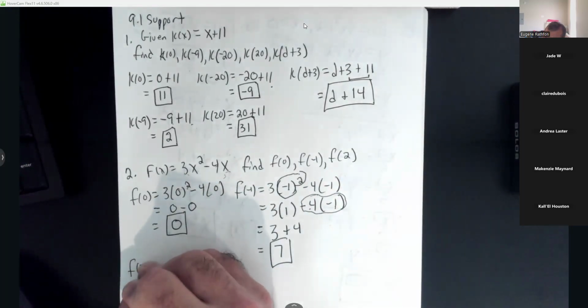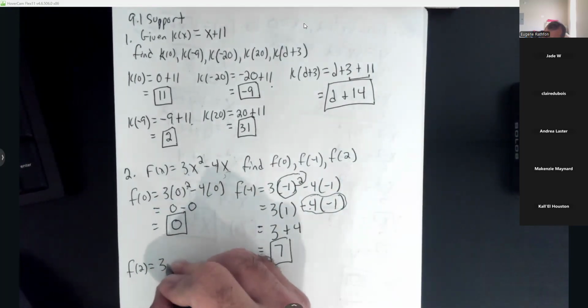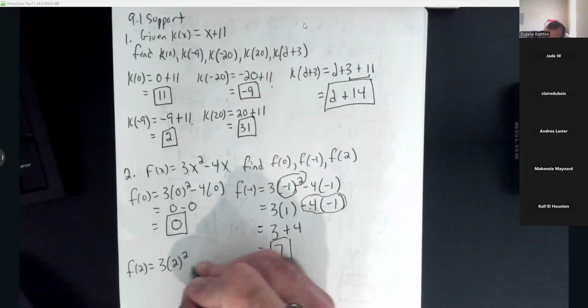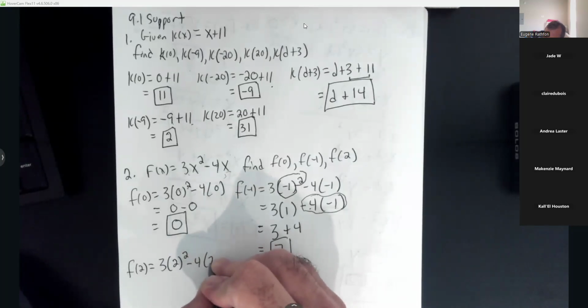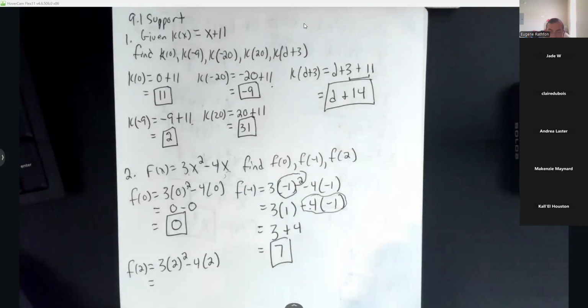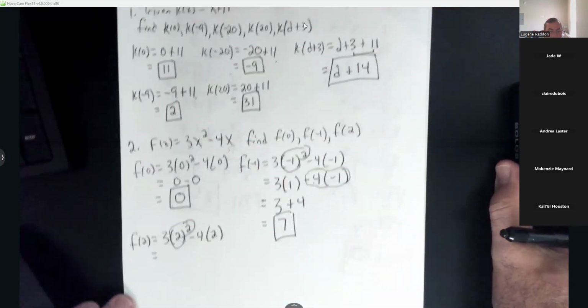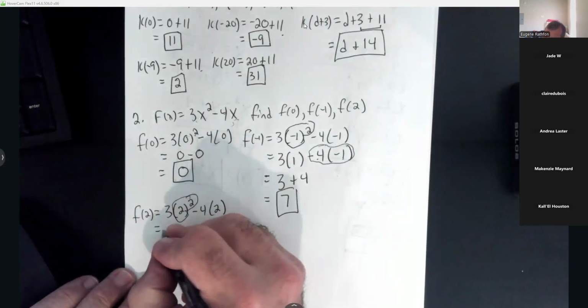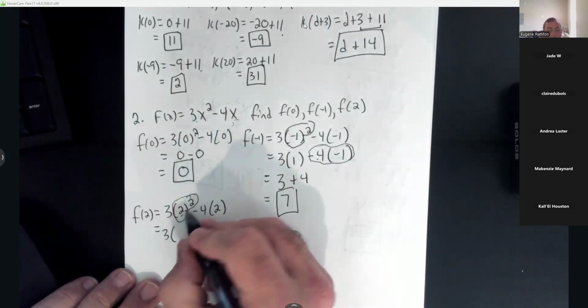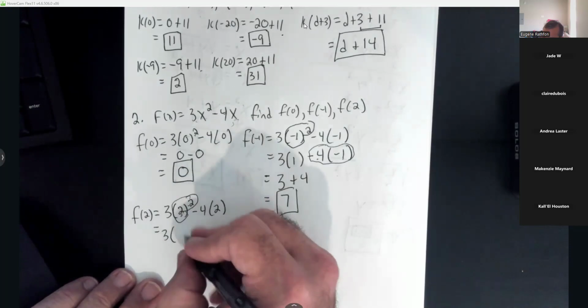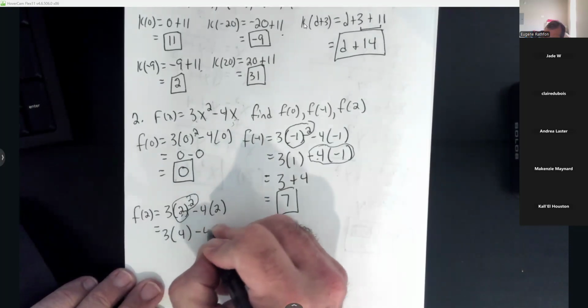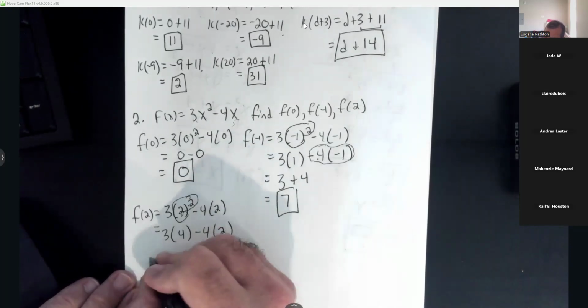All right, y'all, finally, f of 2. That's 3 times 2 squared minus 4 times 2. So I'm going to do the exponent again first. So I got my 3 times 2 squared would be 2 times 2, which is 4. And I'm bringing everything else down.